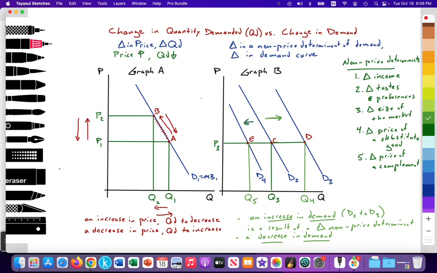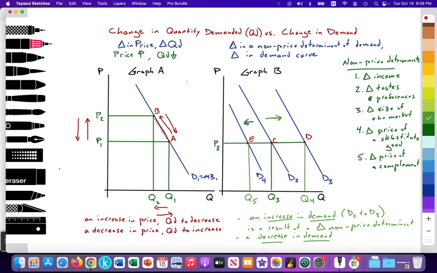Students might say, oh, price has increased from P1 to P2, so there's a decrease in demand. Incorrect. There's a decrease in the quantity demanded along the D1 curve from point A to point B. If they say a decrease in demand, that might mean that you're moving from D2 to D4 in graph B. If you're saying there's an increase in demand from D2 to D3, again, that's a result of a change in one of these non-price determinants.